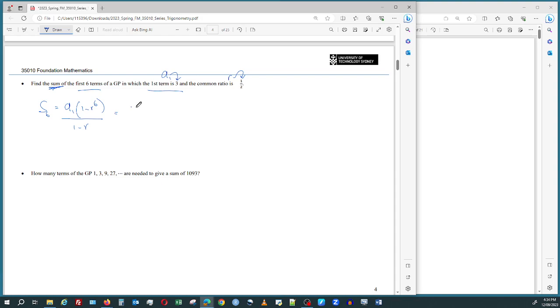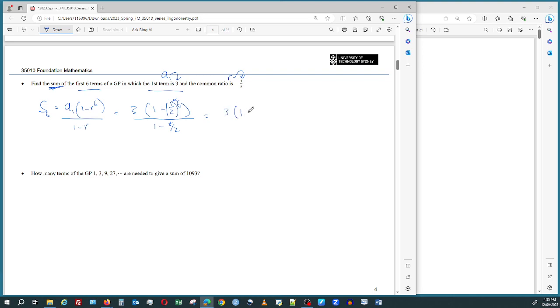So 3 times 1 minus a half to the power 6. So it's always the same gymnastics, isn't it? 1 minus a half, half. So we've got 1 to the power 1. So it's 1.